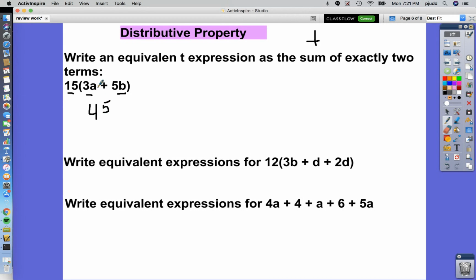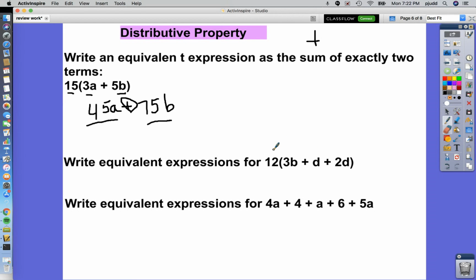And that's going to be 45A. Plus 15 times 5 is going to be 75B. There's 1 term, there's 2 terms. So I have taken this expression and I have written it as the sum, addition, of exactly 2 terms.